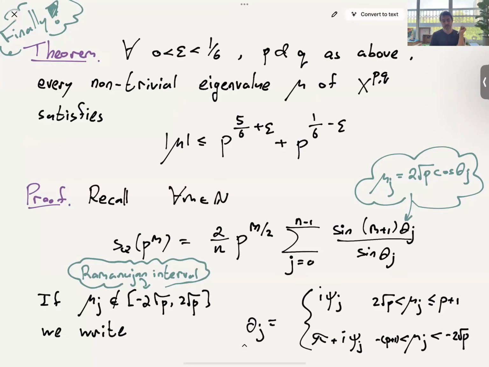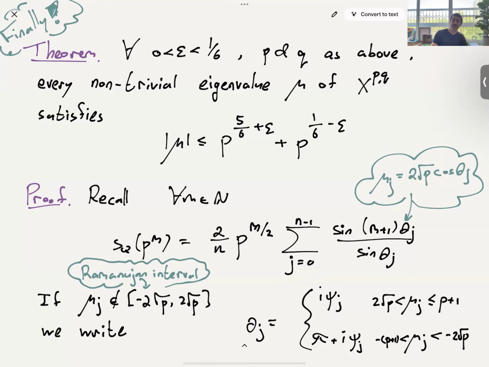Good. So with this, we are ready to finally prove the main theorem of the course, which tells you that for any epsilon larger than 0, you want to take epsilon equal to 0 really, but for any epsilon larger than 0, and for every p, q as above. So p is a square modulo q, it's 1 modulo 4, q is large enough, and I think that's it.